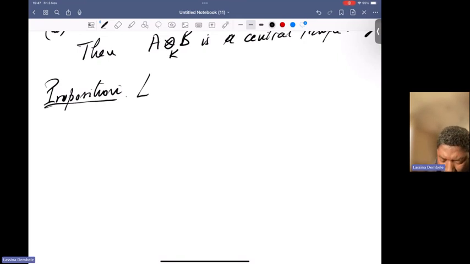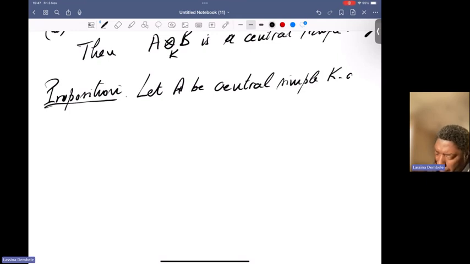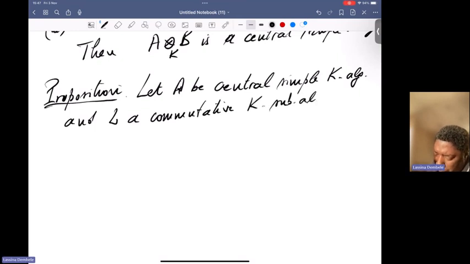We let A be a central simple algebra and L a commutative K-subalgebra of A. And the proposition says that the following are equivalent.